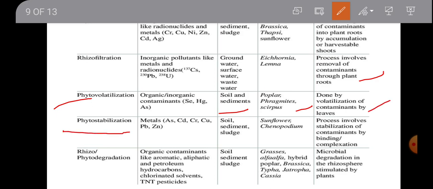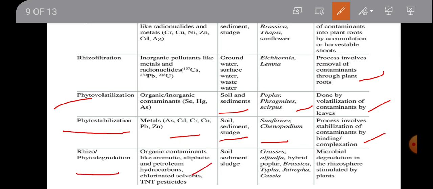Fourth is phytostabilization. Metals are arsenic, cadmium, chromium, copper, lead, zinc. Media: soil, sediment, sludge. Plants used are sunflower, chenopodium. Process involves stabilization of contaminants by binding and exploration. Fifth is rhizodegradation or phytodegradation.